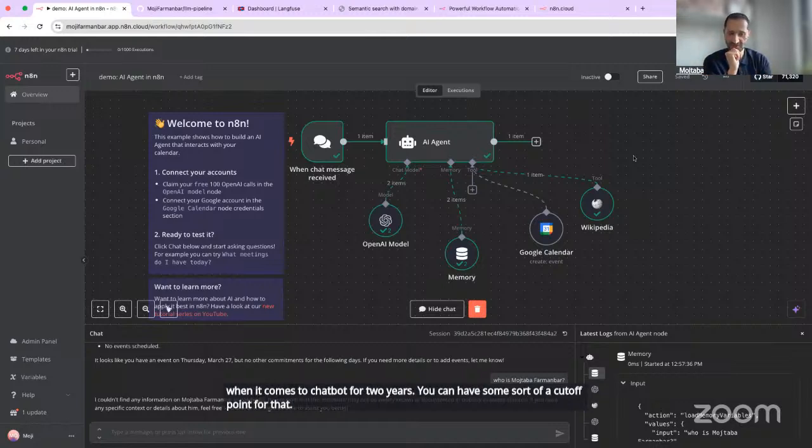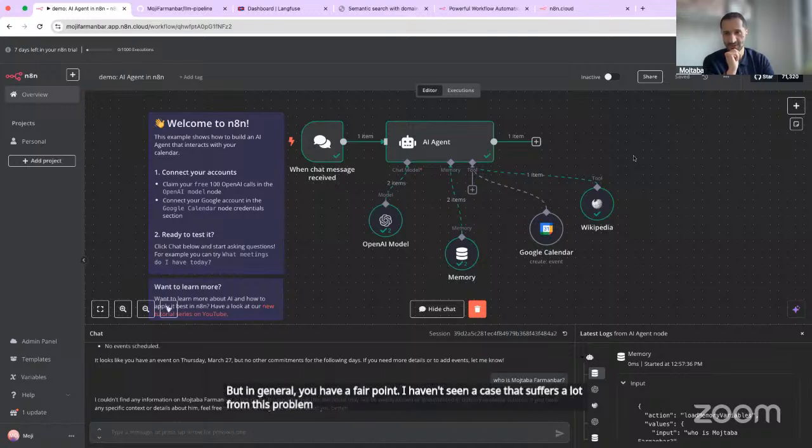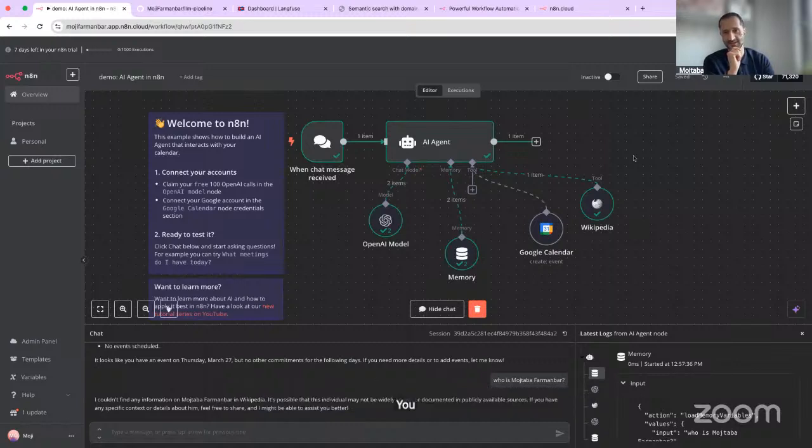But in general, you have a fair point. I haven't seen a case that suffers a lot from this problem, if I want to be honest. But I can also foresee that we might see it, that too much information gives a problem with latency. There are things like that.